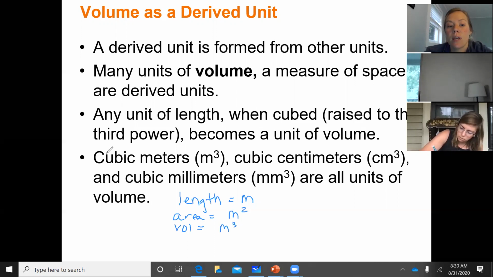So some examples of volume are cubic meters, cubic centimeters. If you ever hear on a medical show, "give them 50 cc's," that's what a cc is. It's a cubic centimeter. Cubic millimeters, cubic yards.